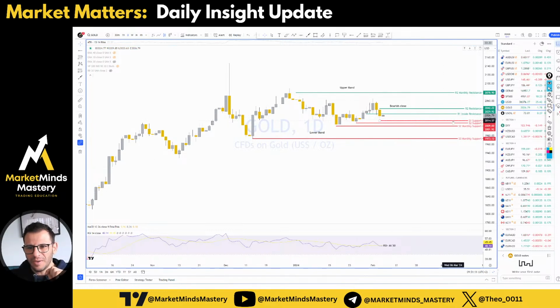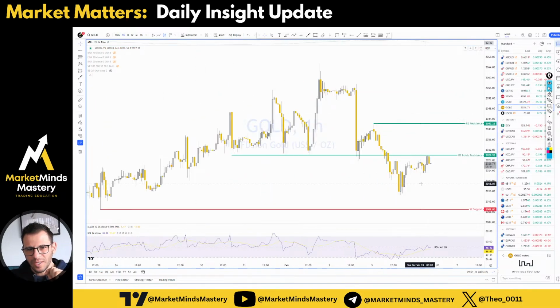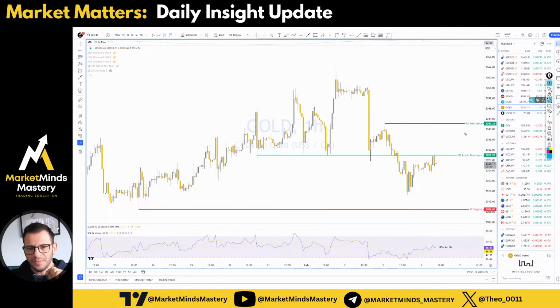Gold. What's going on with the gold? Let's go on the hourly time frame. You see the gold, guys: support, support, support, support, retest, retest, retest, retest, and finally broke. Price is retesting this resistance now. It's like a textbook example, this one.